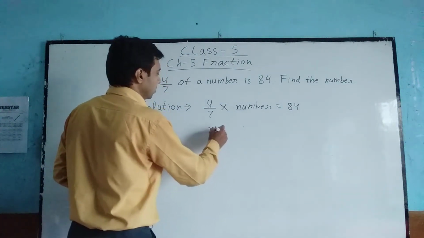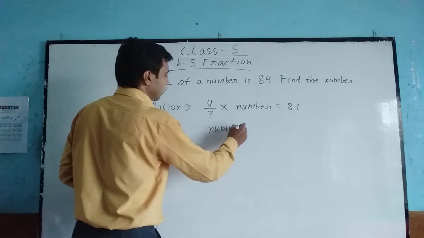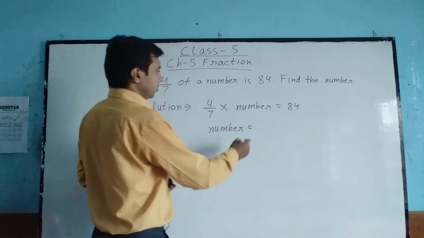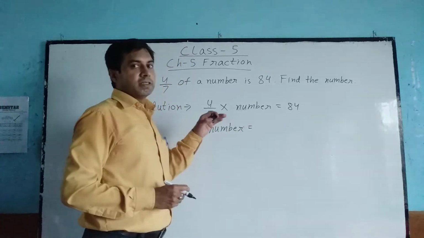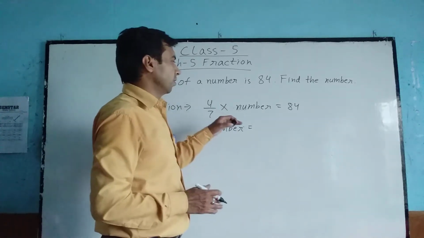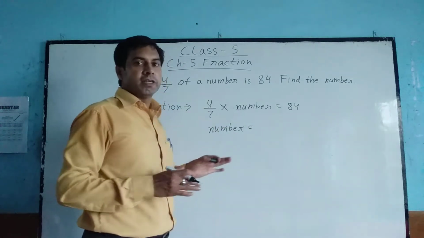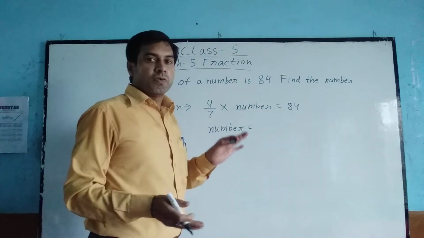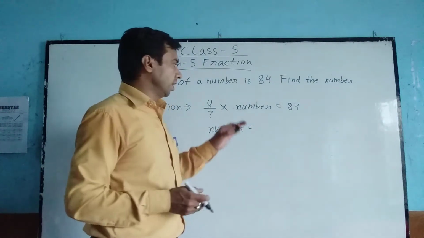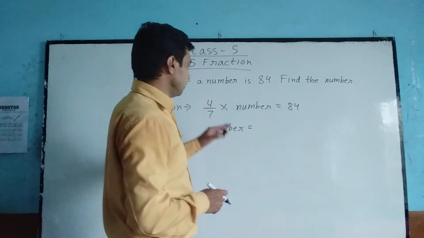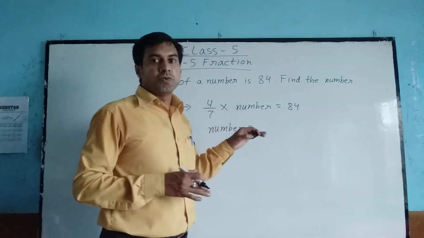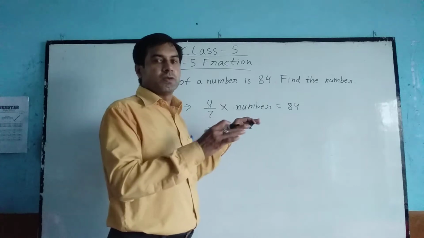Now, number is equal to... when we change the position of the fraction from left hand side to right hand side or right hand side to left hand side, student, what we do? We write the multiplicative inverse of that fraction, and the operation we are doing, that operation we will do.